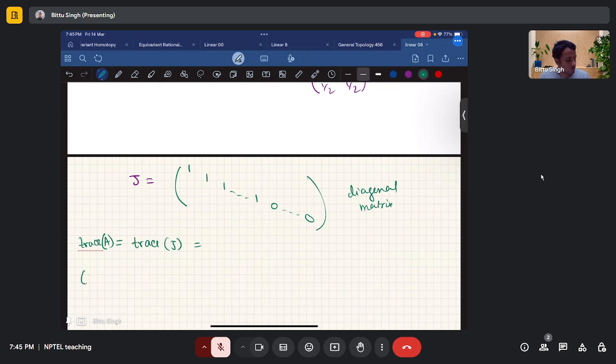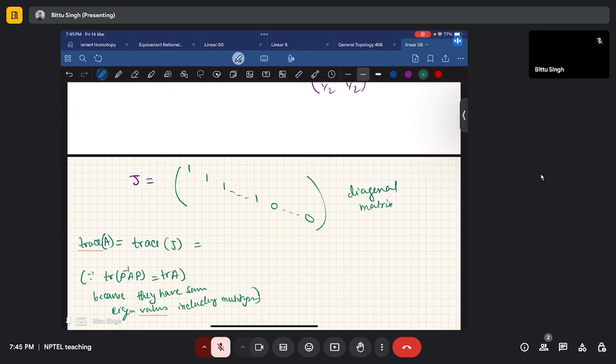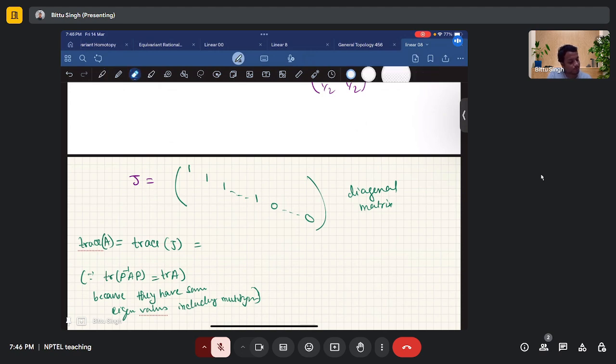Trace of P inverse AP is the same as trace of A. This is true because they have the same eigenvalues including multiplicities. This is a very easy fact to check. So from here it is clear that their traces are the same.